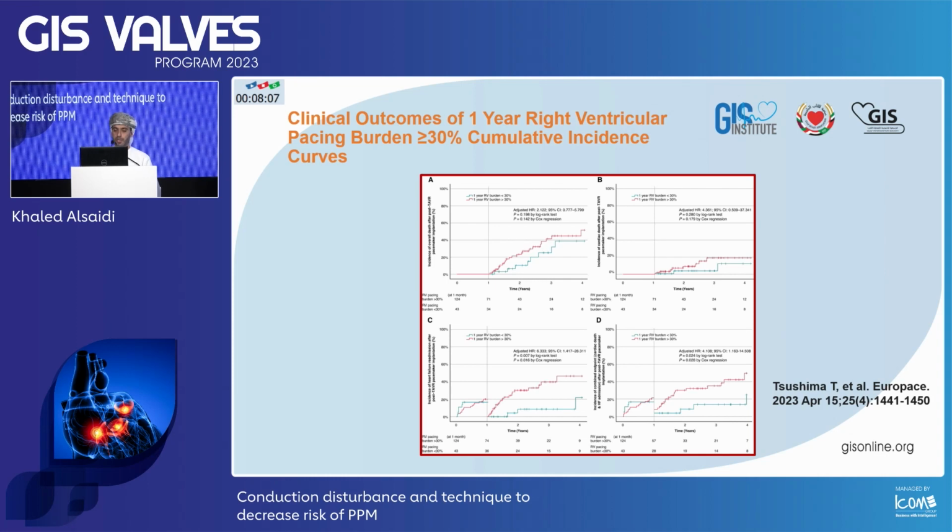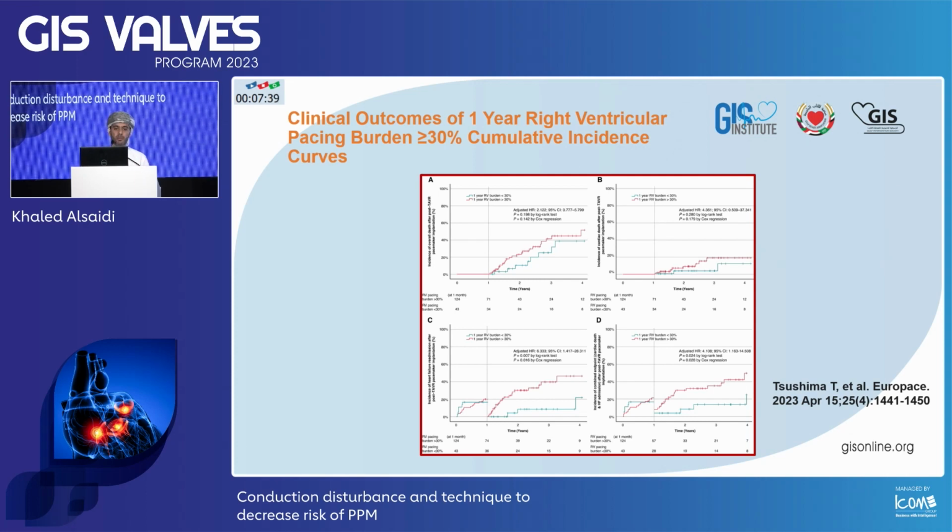In those patients, you can see readmission for heart failure in the left bottom chart is higher for patients who are using their RV pacing more frequently. Also, those patients have lower ejection fraction, and they have higher AFib burden at 1 year. So it's not really completely benign, this RV pacing.